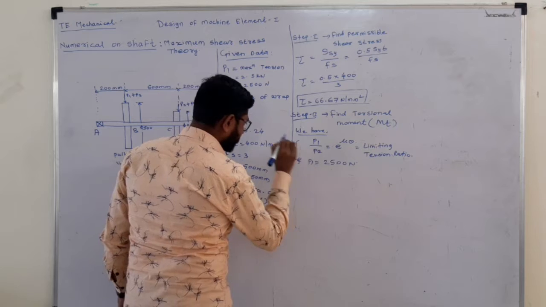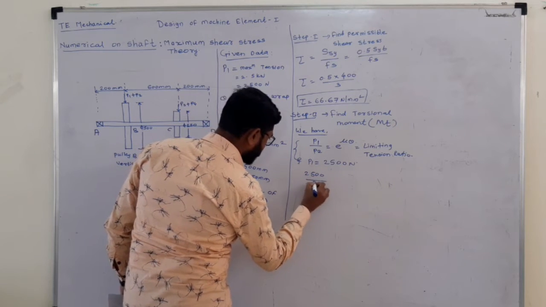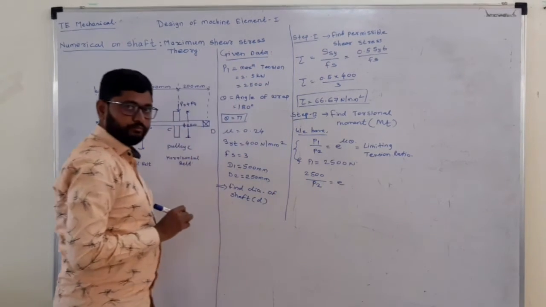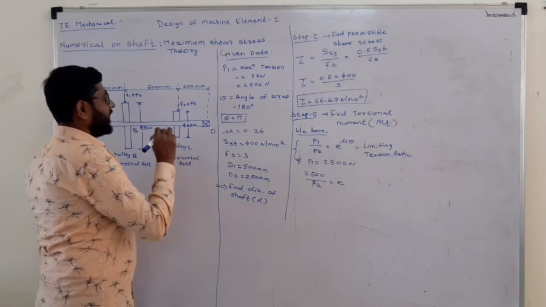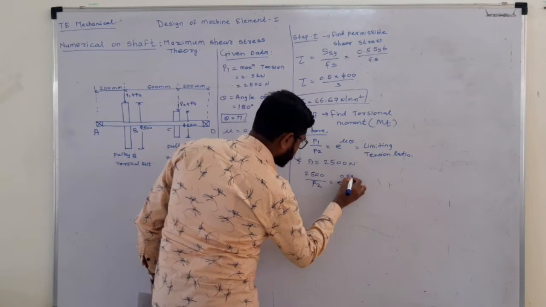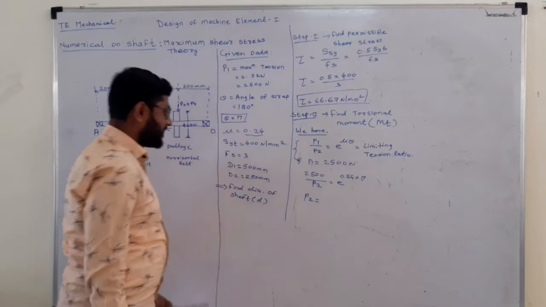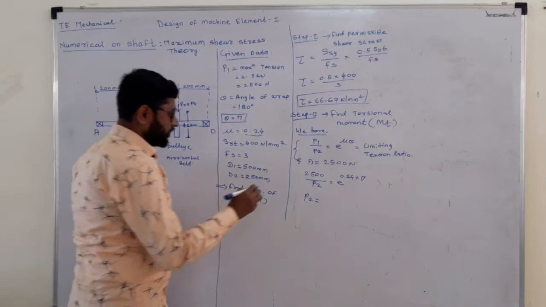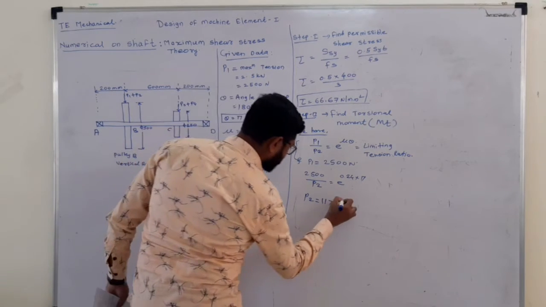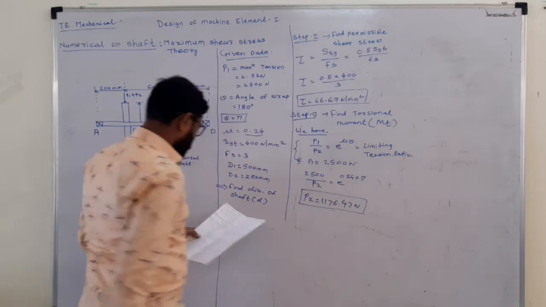So by calculation, 2500 upon P2 is equal to e raised to mu theta, where mu is the coefficient of friction, given as 0.24, into pi. We get the force P2 as 1176.47 Newton.